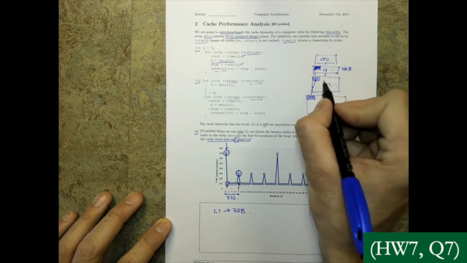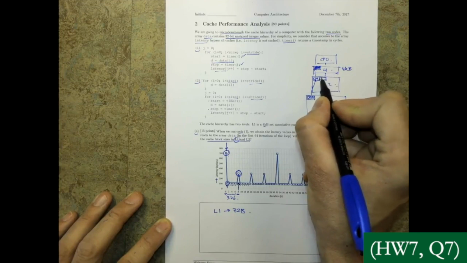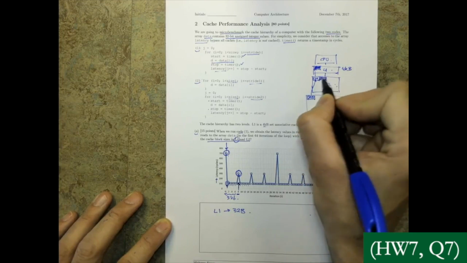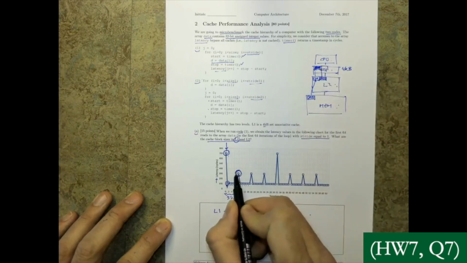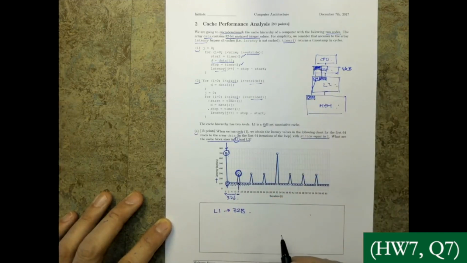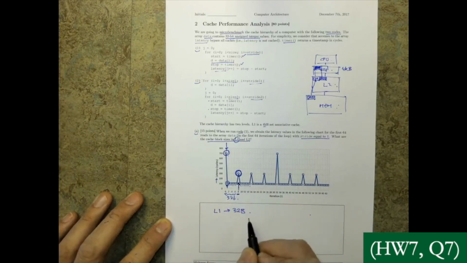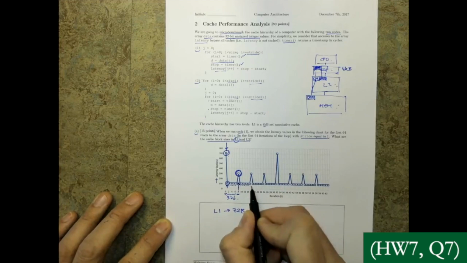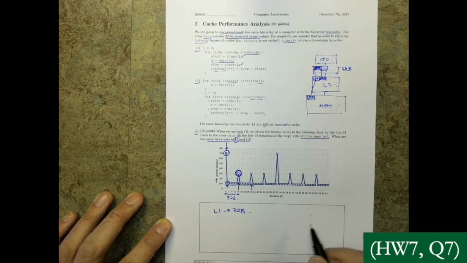So this means that another L1 cache block is being fetched from L2 to L1 with this memory access number 8. That's why we have then 7 hits. And then we have again an L1 miss and L2 hit.